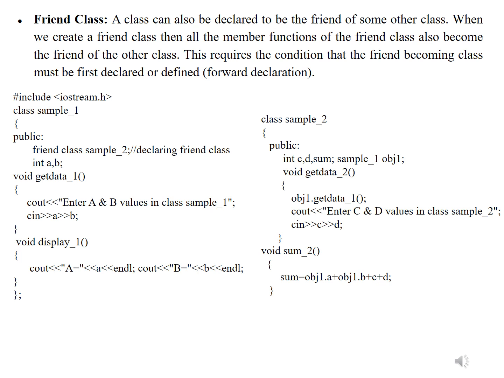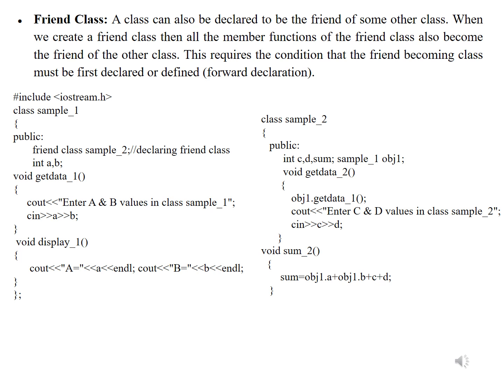In class sample2 { public: integer c, d, sum; sample1 as an object1; void getdata2() { object1.getdata1(); cout << "Enter c and d values in class sample2"; c and d are the input parameters.